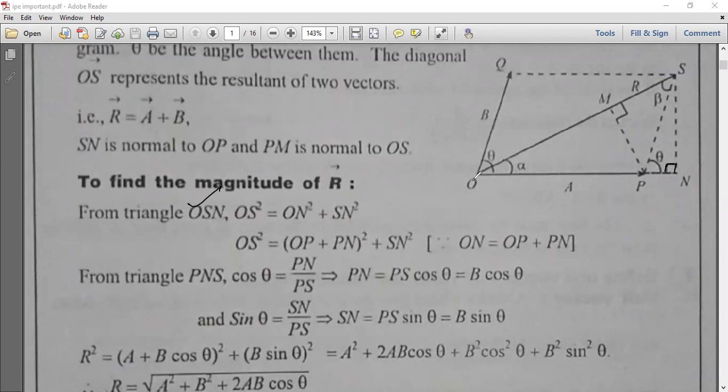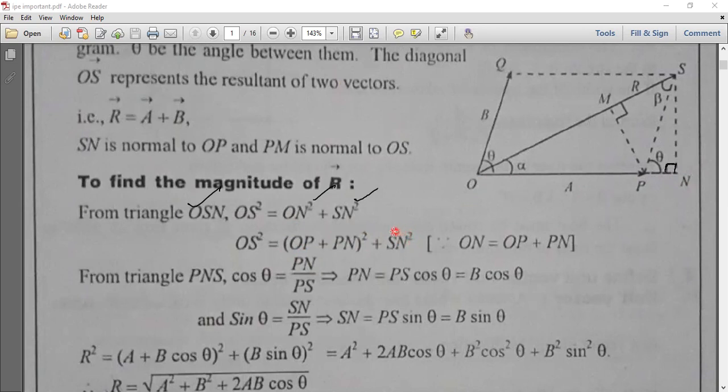So can I write OS square is equal to ON square plus SN square? Right. Now, this ON means OP plus PN. That's why at the place of ON, I have substituted (OP plus PN) whole square plus this SN square.